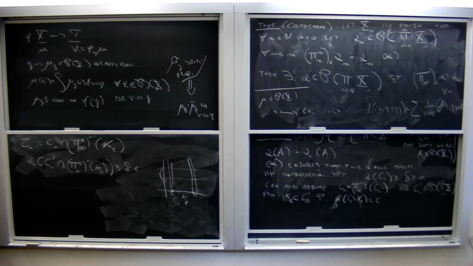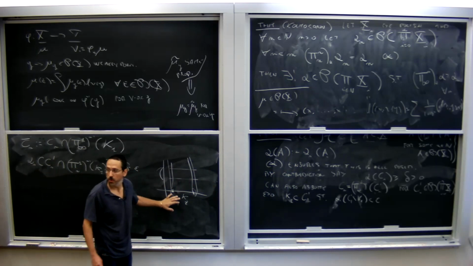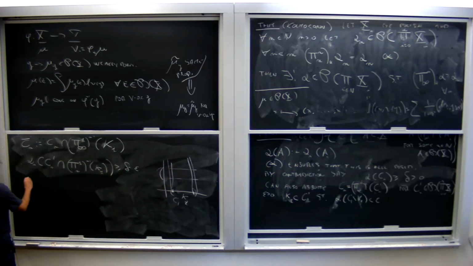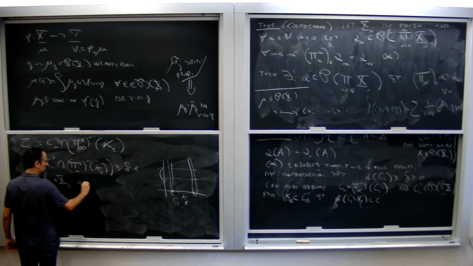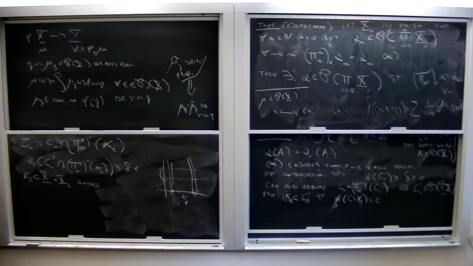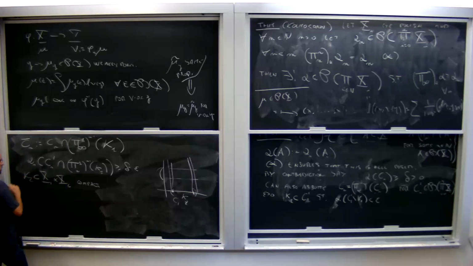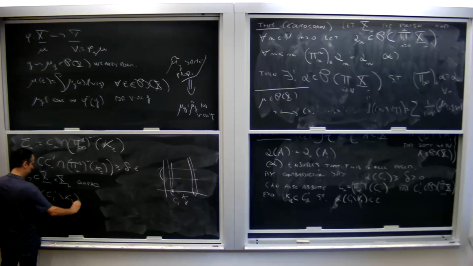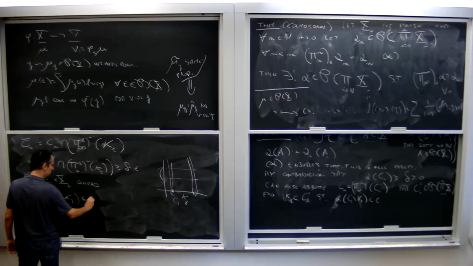And now I iterate this construction. So I found the first compact set K1. Now I look for a second compact set K2. K2 will be a compact subset of X1 cross X2, such that the measure alpha 2 of C2 prime minus K2 is smaller than epsilon 2.